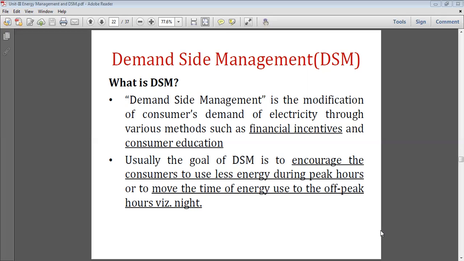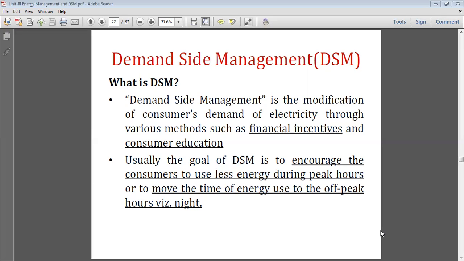No doubt, we have to increase the generating capacity, but we can postpone the installation of new power plants, because the investment in power plant installation is very huge. Again, it is related to the social cause of the country, because nobody is ready to give the land. It is the environmental effect.